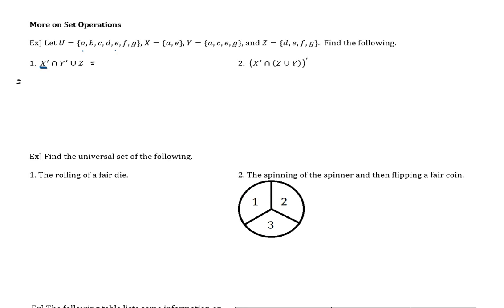I'm just doing a little dot to show it, but I don't want it to be too distracting. So not A and not E: B, C, D, and then also F and G. And then there's my brace. There we go.